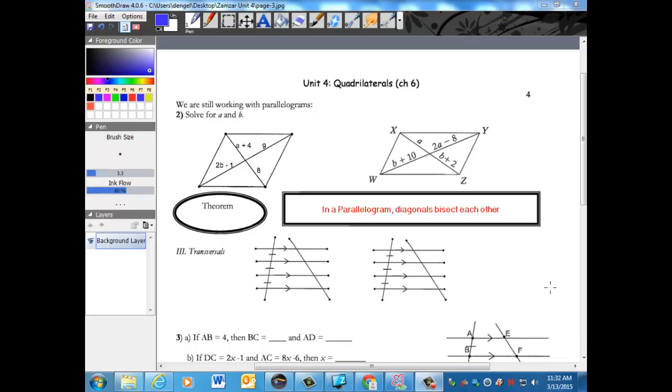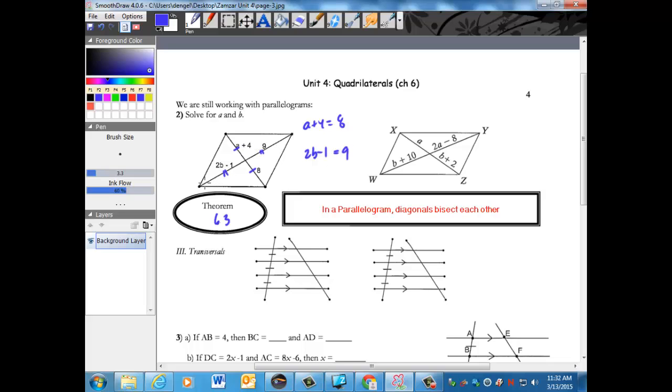Alright, so we're going to apply the rule that we just learned about diagonals bisect each other. So again, this was theorem 6.3. So since these diagonals are going to cut each other in half, we know that a plus 4 is equal to 8. And we know that 2b minus 1, we'll put 2 marks and 2 marks here, is equal to 9.